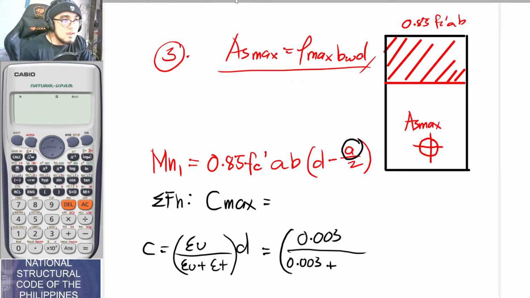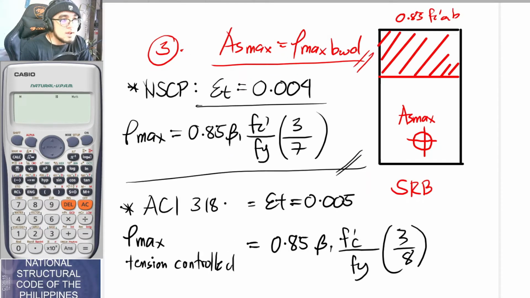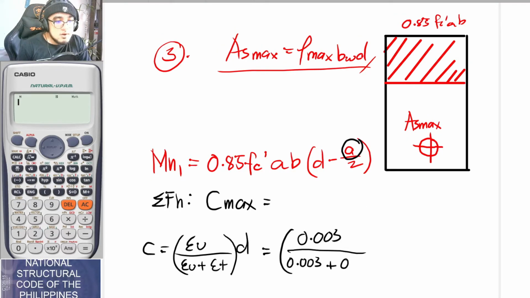And our strain t will depend upon which As max you have chosen. If you have chosen the NSCP provision, which is this, you would be substituting 0.004. And if you would be choosing this rho max here, you would be choosing 0.005. So assuming that we will be choosing this, this is now to be 0.005 times d.